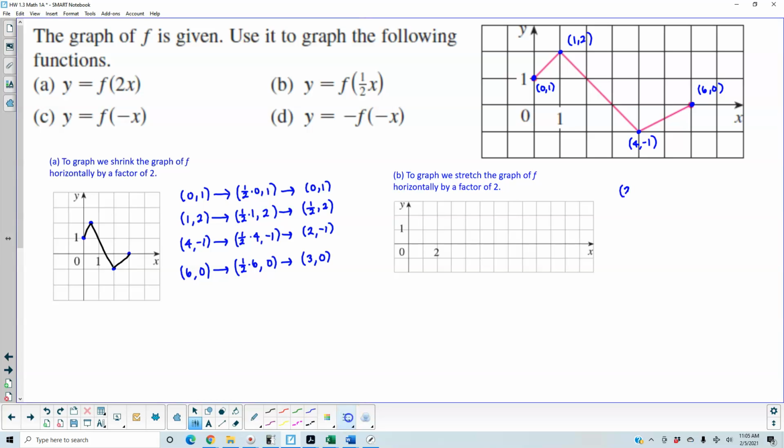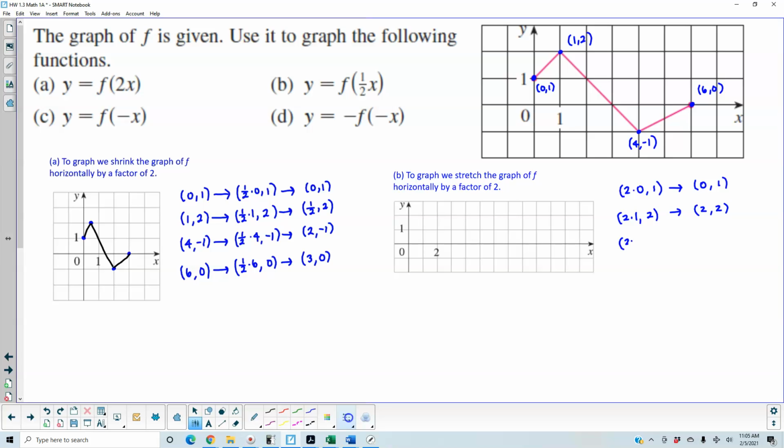So it's going to be 2 times 0 and then 1 to give us (0, 1). We're going to take 2 and multiply it by 1, and so that gives us (2, 2).